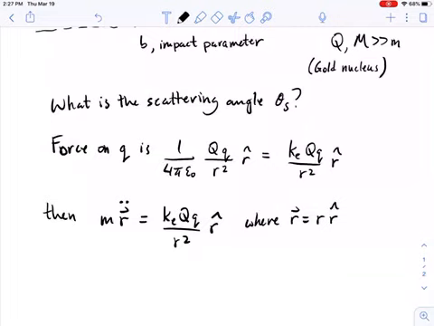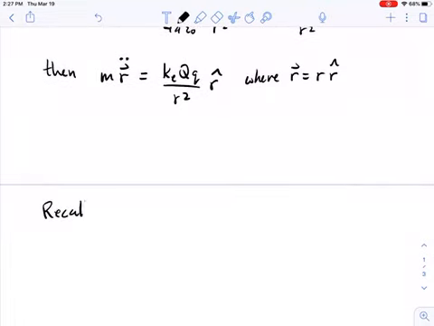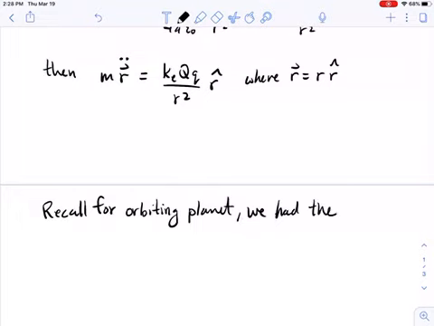And then you begin to look at this and you say, well, wait a minute, we've already solved this problem, or something very much like it, for our gravitational orbits. Recall for an orbiting planet, we had the equation of motion.